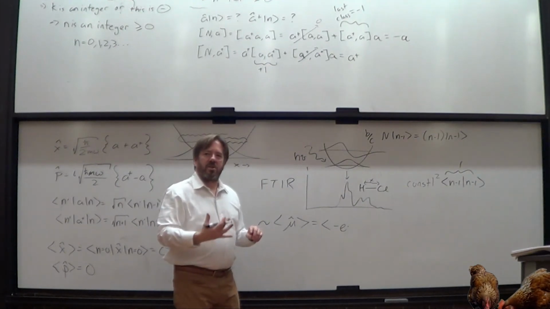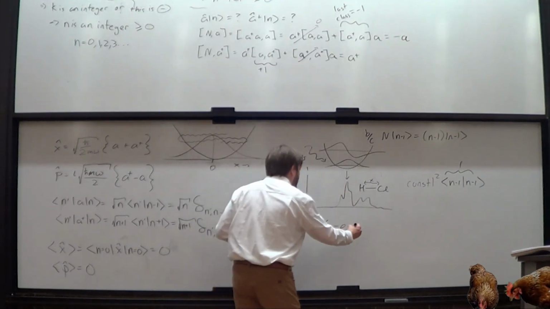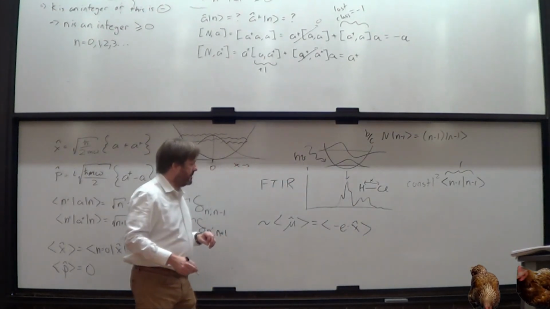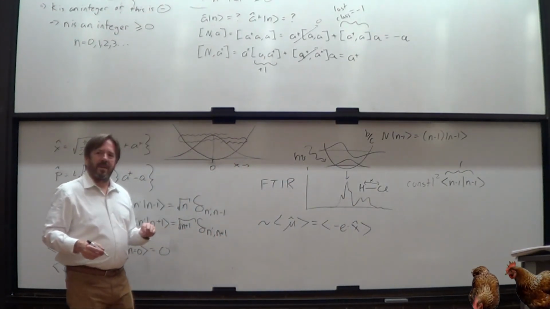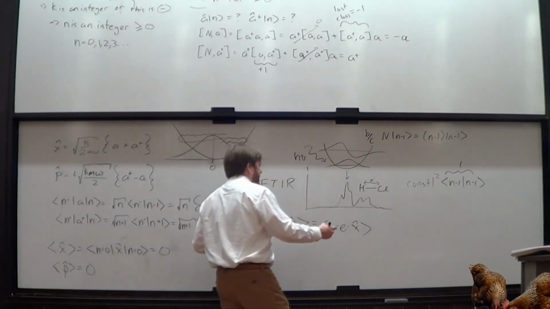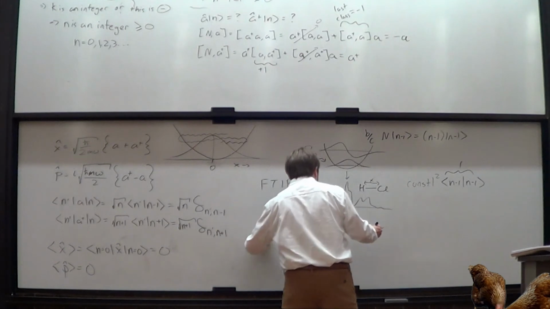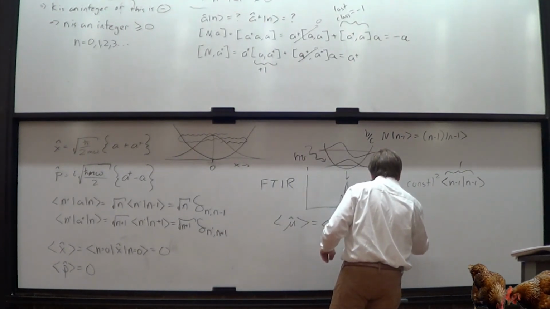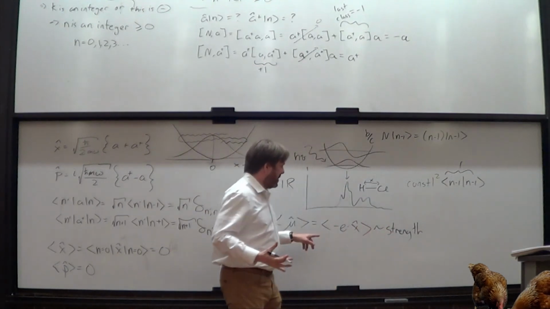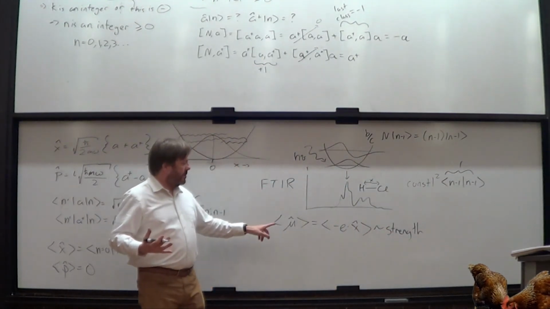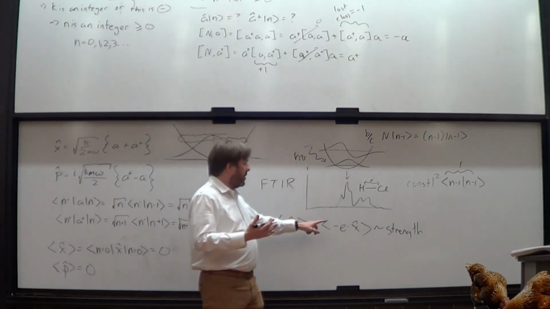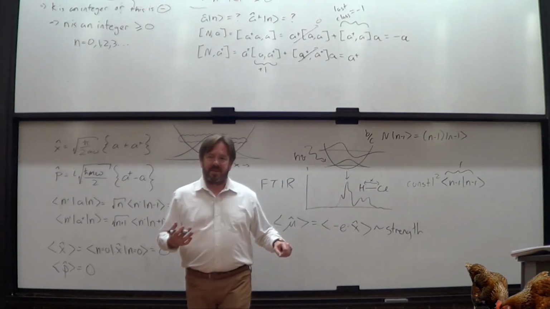Dipoles are charge times distance. The strength of the transition is based on the expectation value of the dipole operator, and the dipole is, of course, charge times distance.